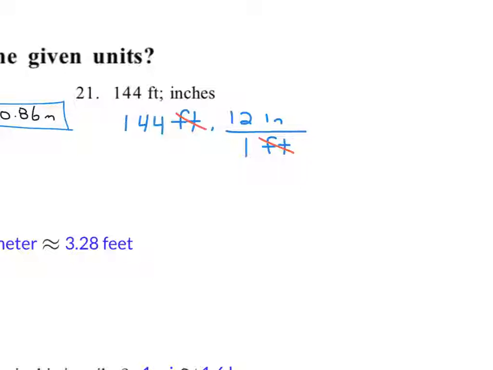Okay? Feet cancels feet. And when we multiply straight across, what we're actually doing is multiplying 144 times 12.